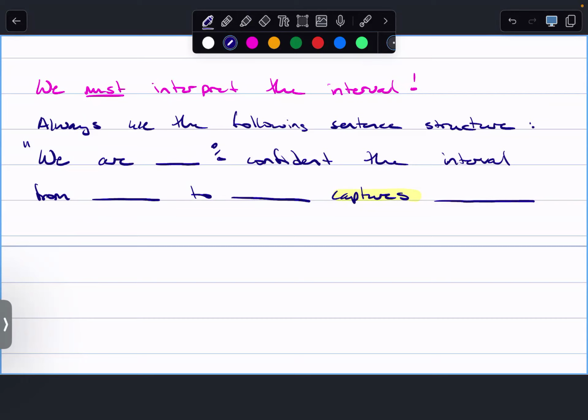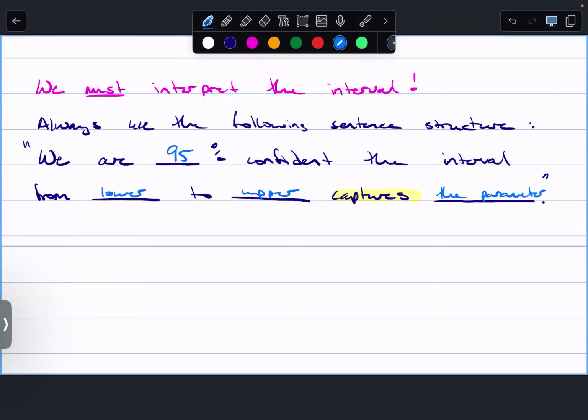Well, captures the parameter that you're trying to capture, right? That population thing that you're trying to capture. So filling in just a 95% potentially, so we're 95% confident the interval from some lower bound to some upper bound captures the parameter.